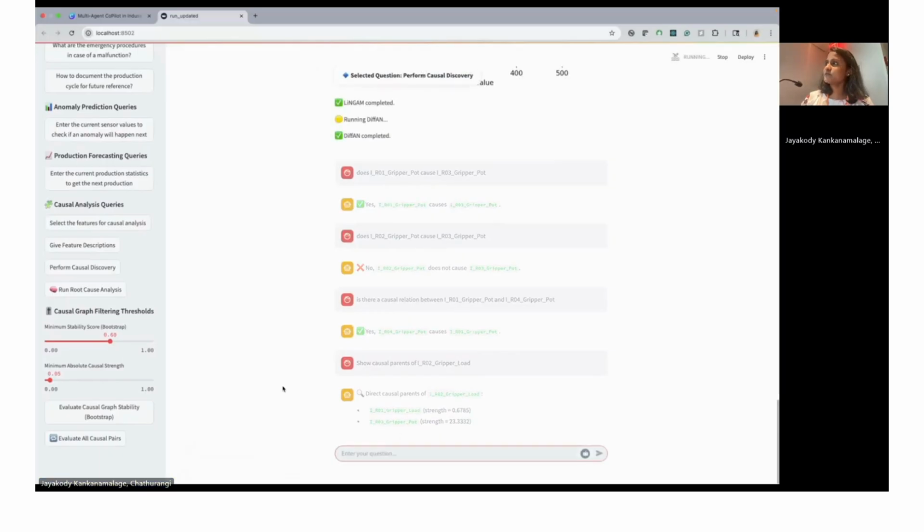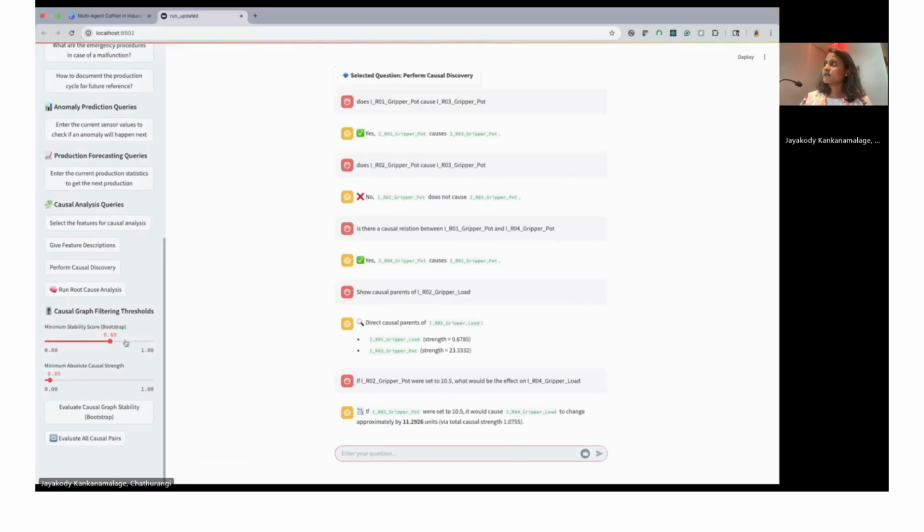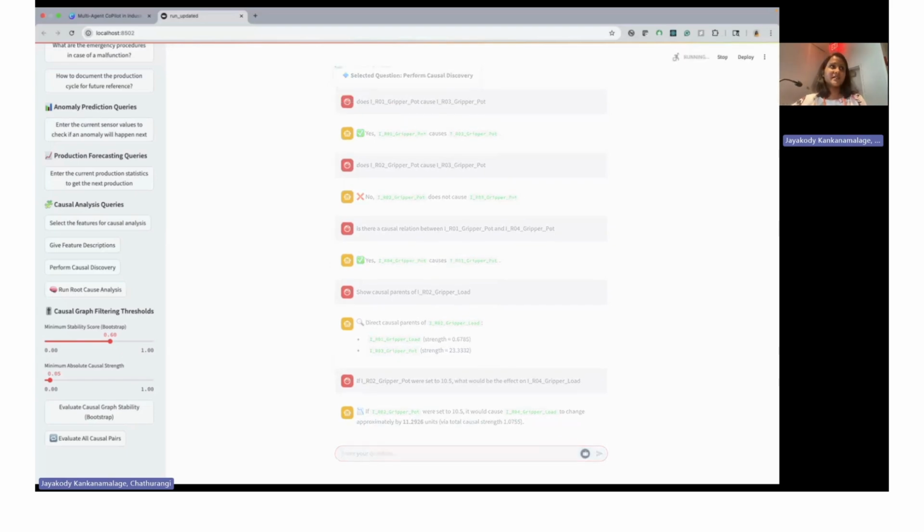So it is saying that approximately 11.2 units will be the approximate change in the second variable that I've given. And then some other questions related to causal reasoning. So this is the type of reasoning task that he can do.